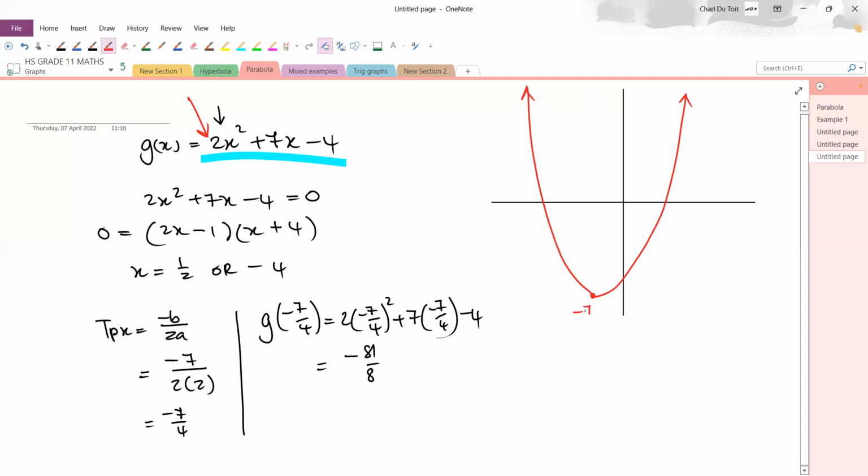Then this is -7/4, and the y value is -81/8. And this x-intercept here is -4, and the other one is a half. And this y-intercept is -4. There we go.